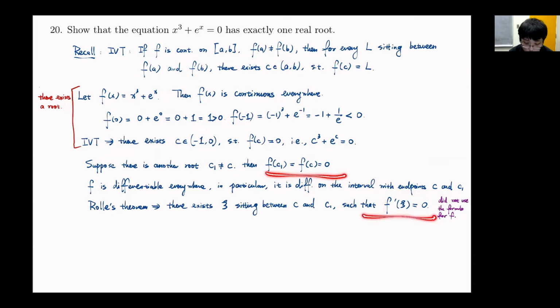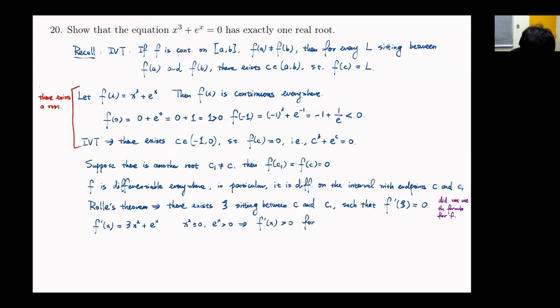And now let's check if this is possible. Let's actually look at what f prime of x is. f prime of x is equal to 3x squared plus e to the x. For this, we can see easily that since x squared is greater than or equal to 0 and e to the x is strictly greater than 0, these two imply that f prime of x is always greater than 0 for every x.